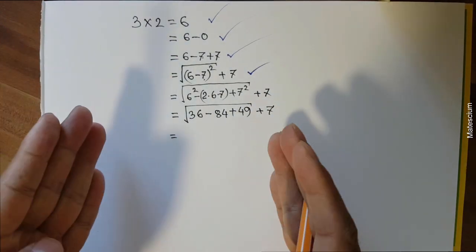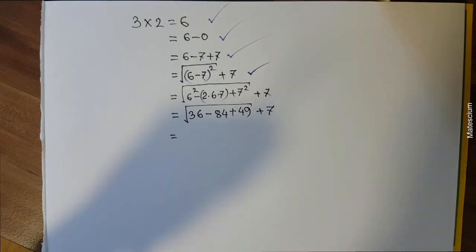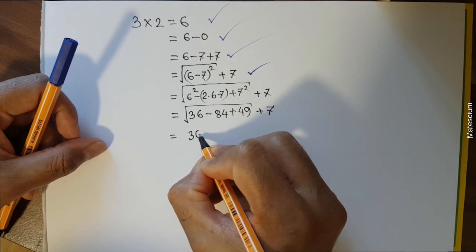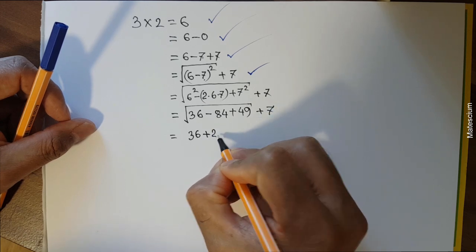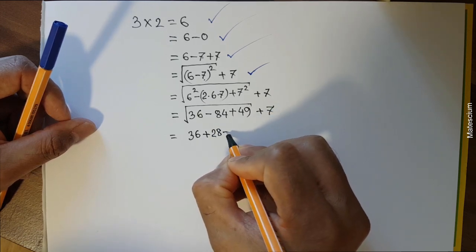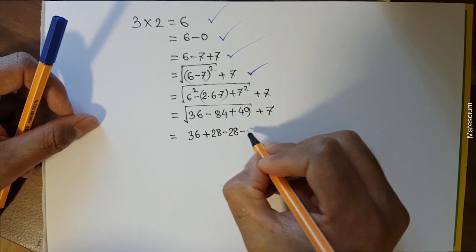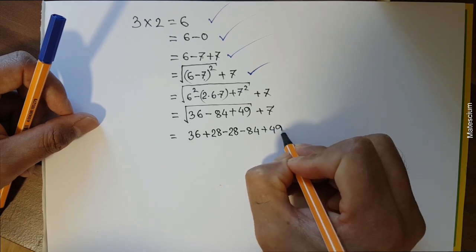Now at this stage of my calculation, what I did previously was a small mathematical engineering. This 36 remains exactly as it is. Then I add 28, then add minus 28. This minus 84 remains the same, plus 49 also remains the same.